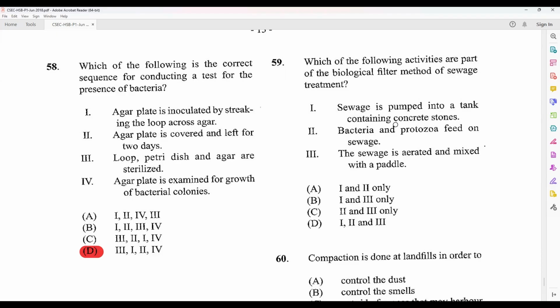It does not have to be concrete stones all the time. Some places now use a kind of synthetically made polymer, so they remove the concrete stones. So 2 and 3 are definitely correct. So we are going with C.